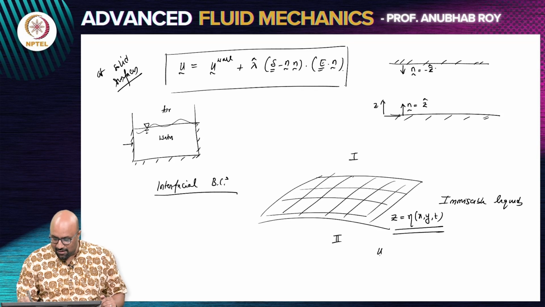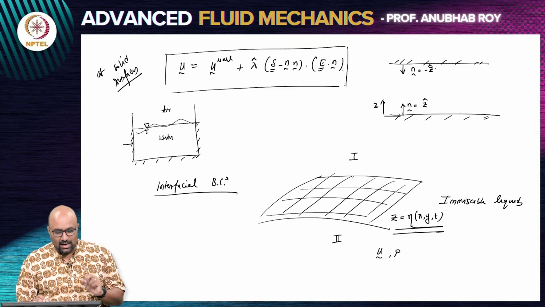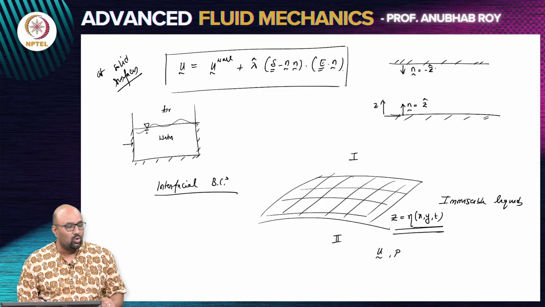You obviously have velocity and pressure as unknowns, but the interface height is also an unknown in the problem, and you need to solve for that. So this then poses the question, how do we go about actually finding this? Because now you need information regarding how the two fluids actually talk to each other. What is the mechanism by which these two fluids are going to interact?